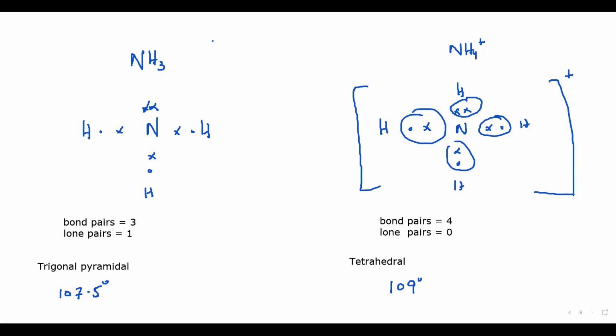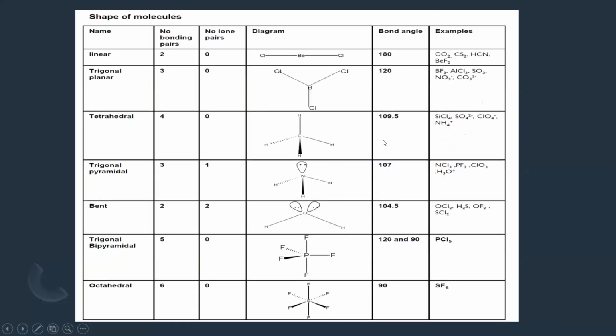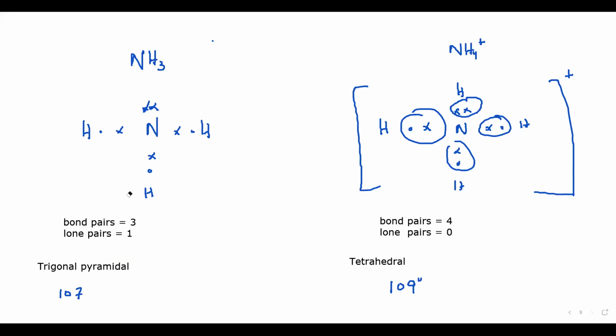As you can see, when it is tetrahedral, 109.5, whereas that was 107. So this was 107 and this is 109.5 degrees. Is it clear that as the number of bond pairs changes, the geometry of the molecule also changes?